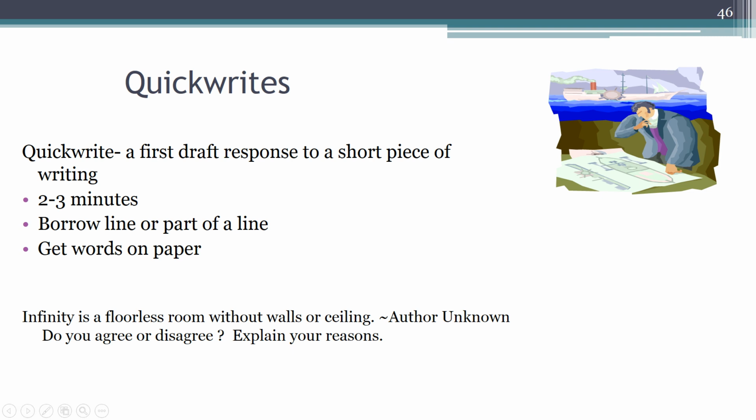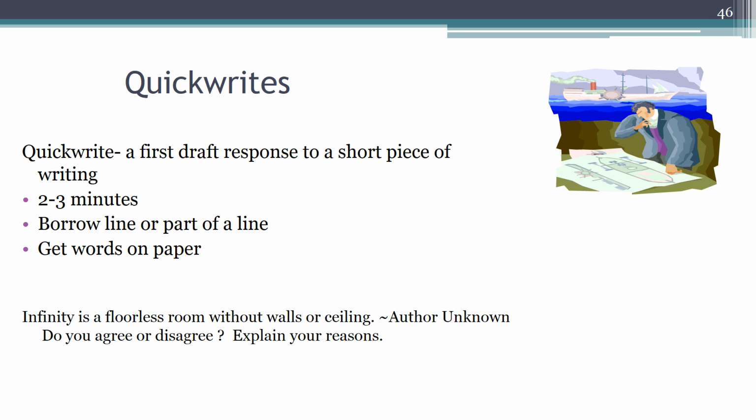Quick writes. Quick writes are another good way to get kids thinking critically. 2 to 3 minutes. And you can post a saying or a quote or a prompt on the wall. In this case, infinity is a floorless room without walls or ceiling. And then the question is, do you agree or disagree? Students do not have to write about the prompt, but they can.